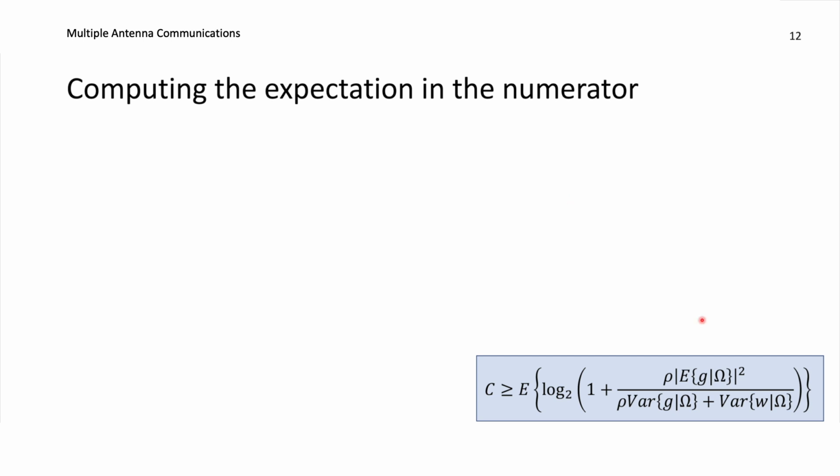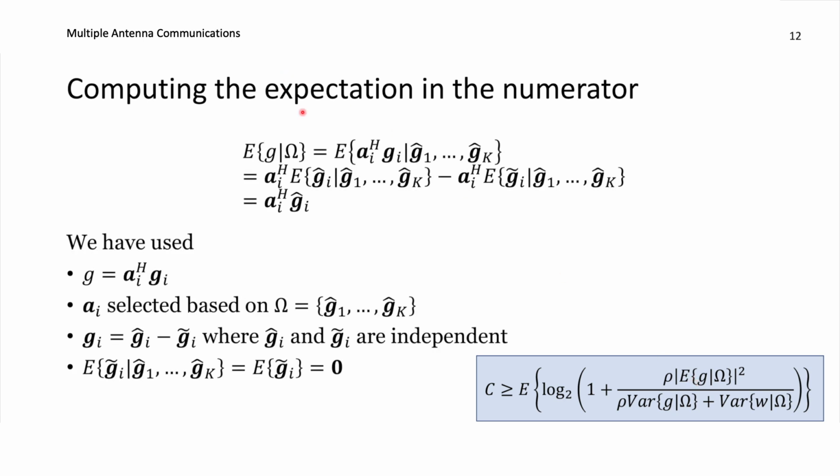So this is the expression. Let's focus first on this expectation in the numerator. Here's the computation of that one: the expected value of G given omega, and G was equal to this inner product, so we write it here. Omega was the channel estimates, and when we know the channel estimates, one thing that is constant is our receiver filter. Why?